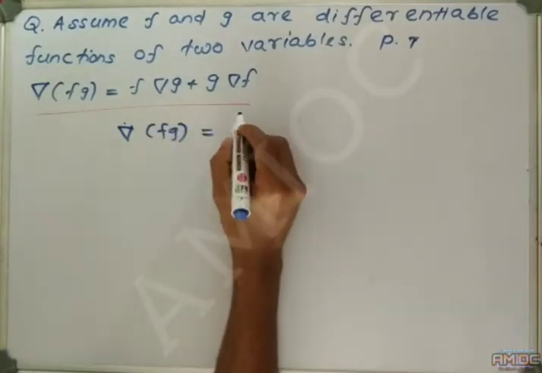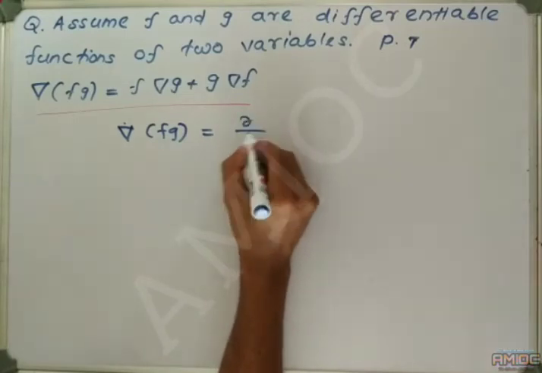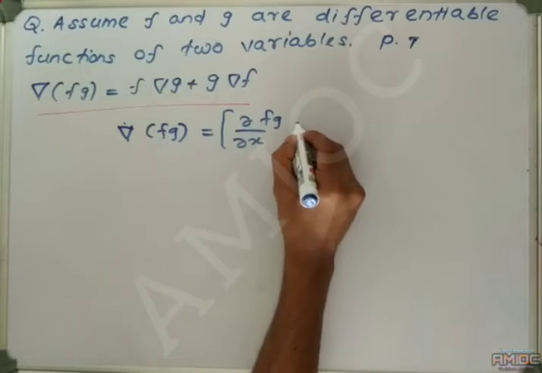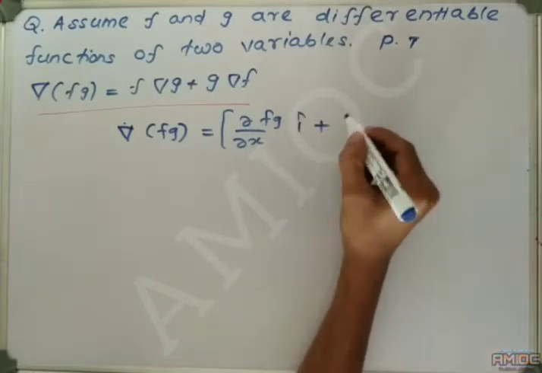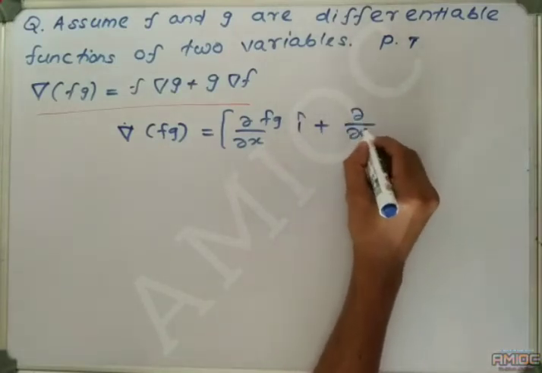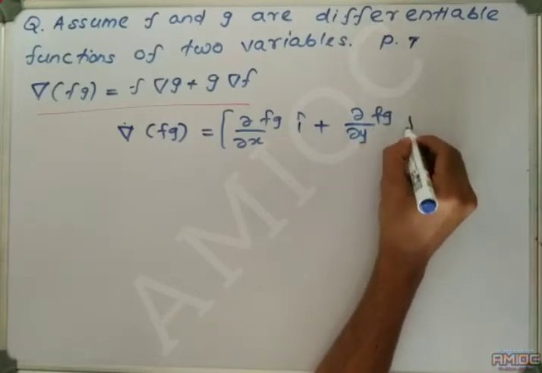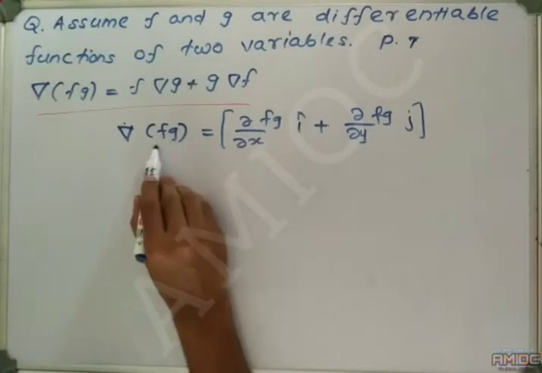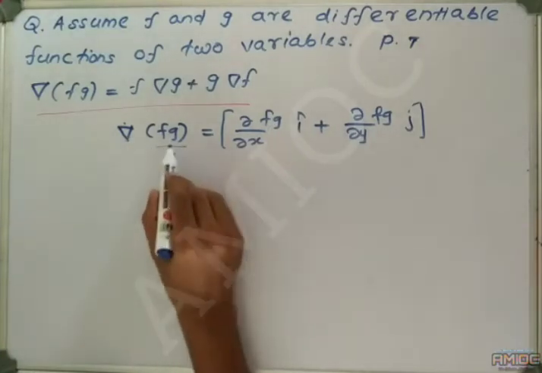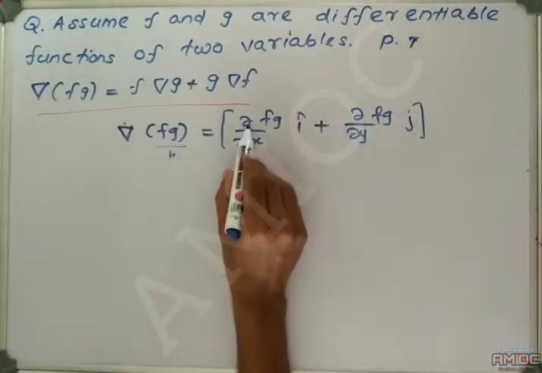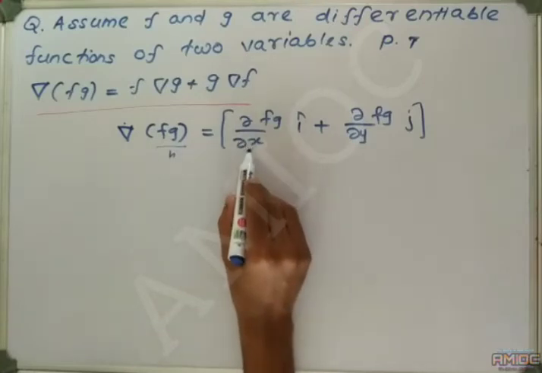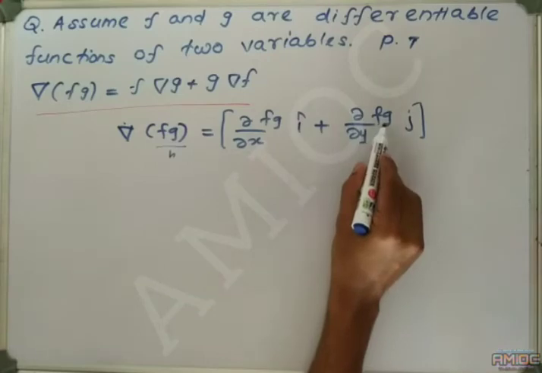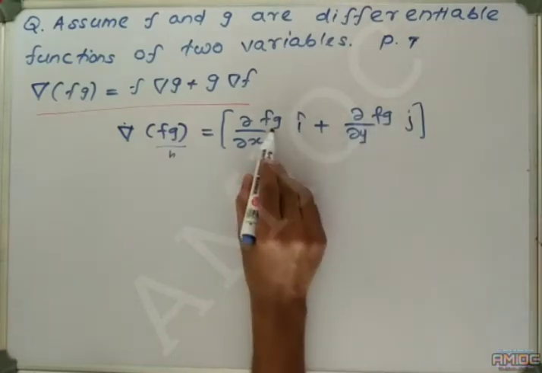By definition, it is given by the partial derivative of fg with respect to x into i cap plus the partial derivative of fg with respect to y into j cap. fg is a simple function, f into g; let it be some h. Then gradient of h is given by the partial derivative of h with respect to x and the partial derivative of h with respect to y. Here h is f into g.